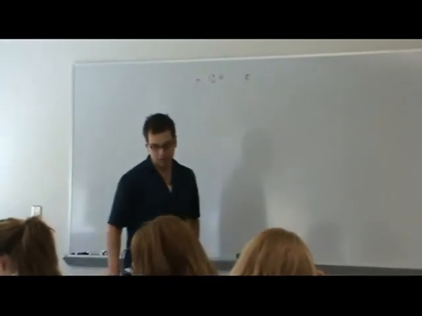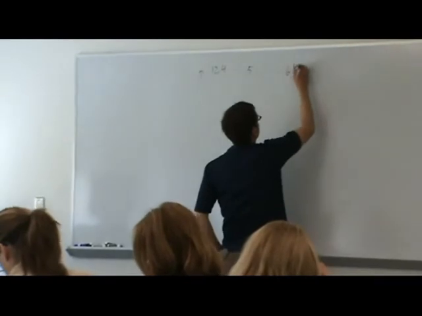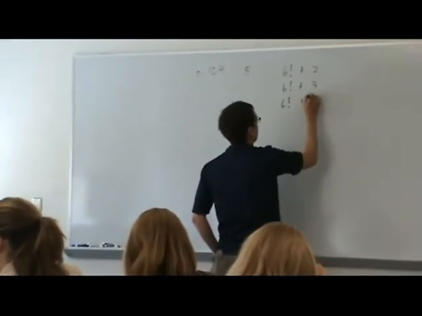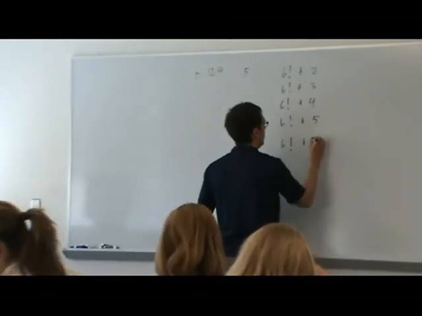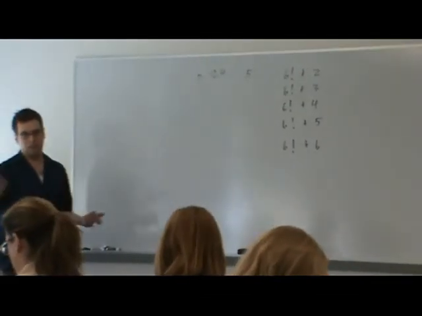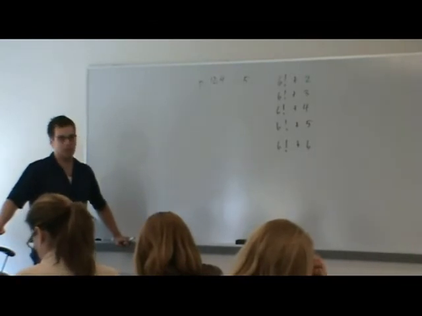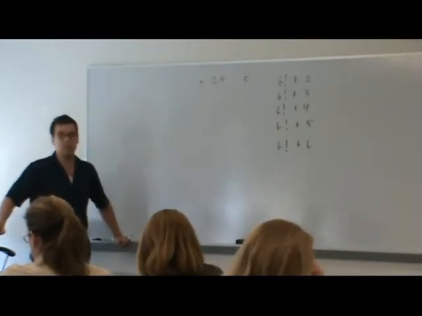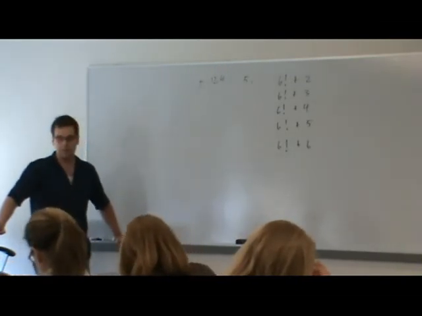So they start off with a pretty benign type question: 6 factorial plus 2, 6 factorial plus 3, 6 factorial plus 4. They just have you consider these numbers. 6 factorial is 720, so these numbers are small enough that we could easily show, not even using factorial or factoring, that none of these numbers are prime.